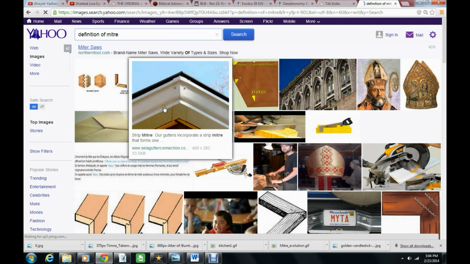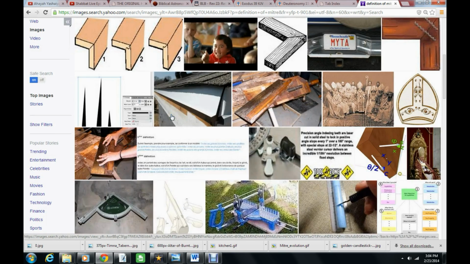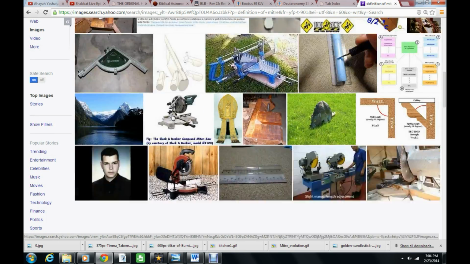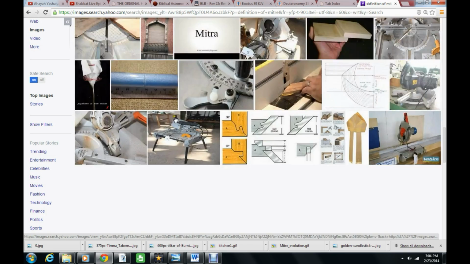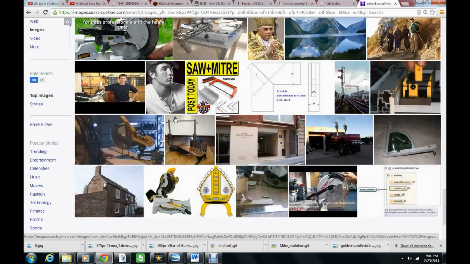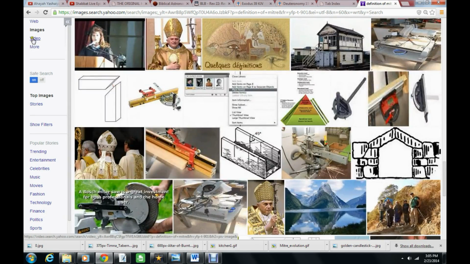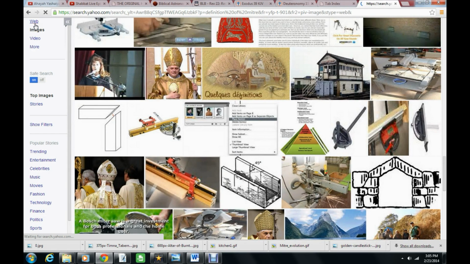Alright, so mitre. Let's check right here and see what that means.